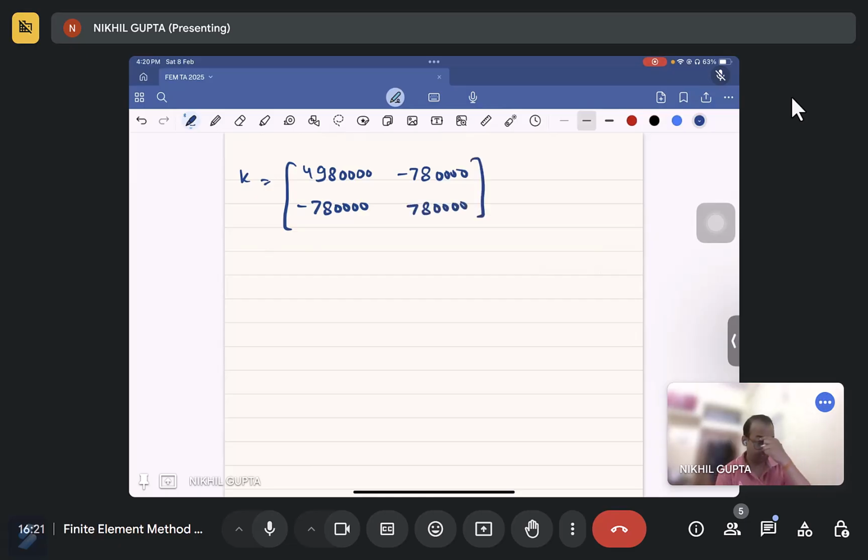Clearly see it is a symmetric matrix. And while solving, you need to solve KU is equal to F. So this F matrix, what will it be? It will be F1 plus F2 and F2.